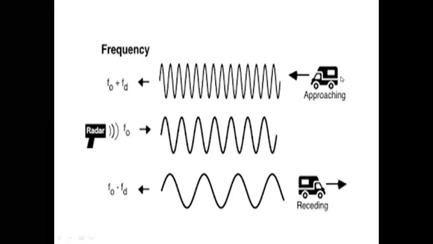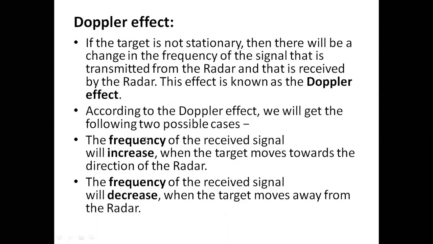If the target moves towards the radar, then the frequency increases, and if the target moves away from the radar, then the frequency decreases. By the Doppler effect, we can identify whether the target moves towards the radar or away from the radar.